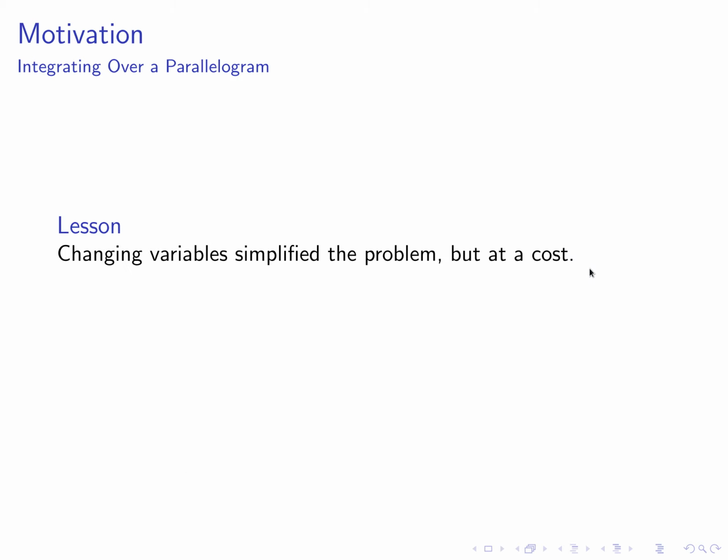So what's the lesson here? By changing the variables in our problem, we simplified the calculus, but this came at a cost. The original integral, which was the double integral of our density function over the region D, was the actual mass calculation we wanted. And when we did the calculus, we needed to break this up into 3 different iterated integrals. And when we did all that work, we got 80.